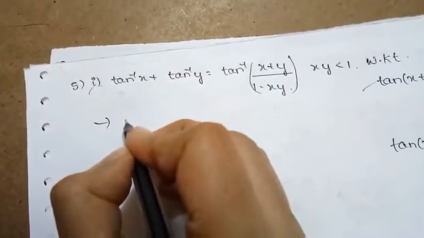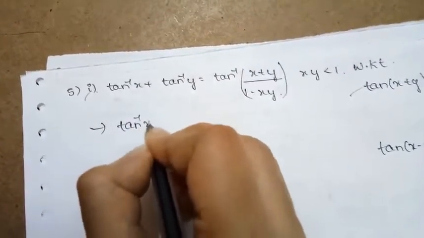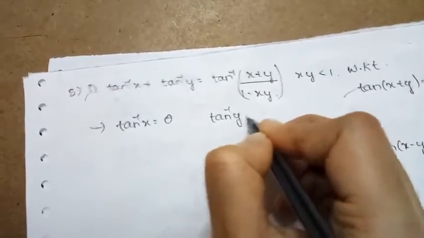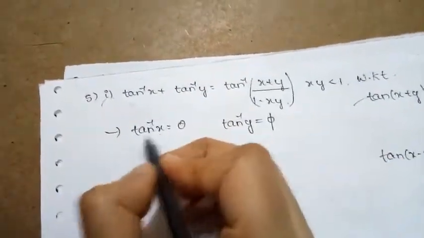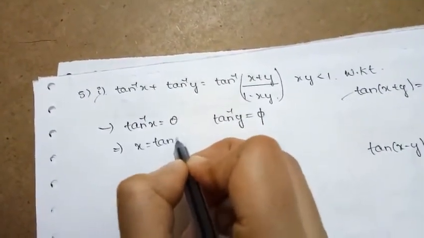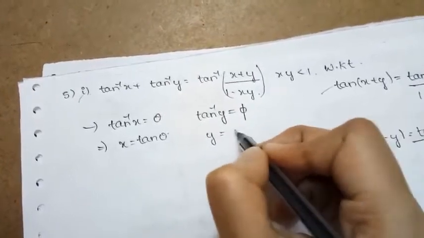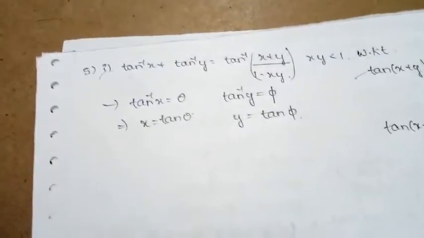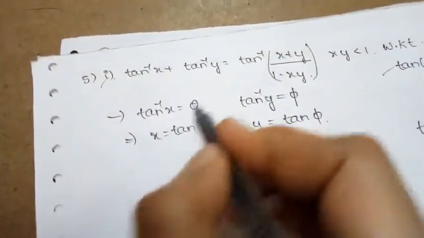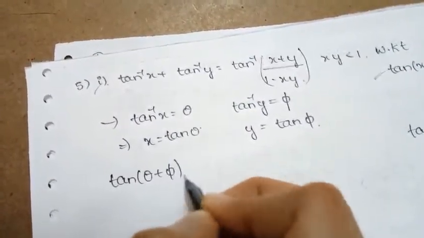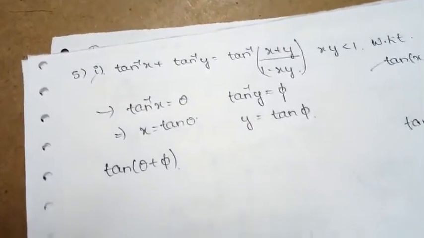To prove this property, first I am taking tan inverse of x is equal to theta and tan inverse of y is equal to phi. So what does this imply? tan inverse of x is equal to theta means x is equal to tan theta, and y is equal to tan phi. So we got the values for x as well as y. Now I am taking tan of theta plus phi.